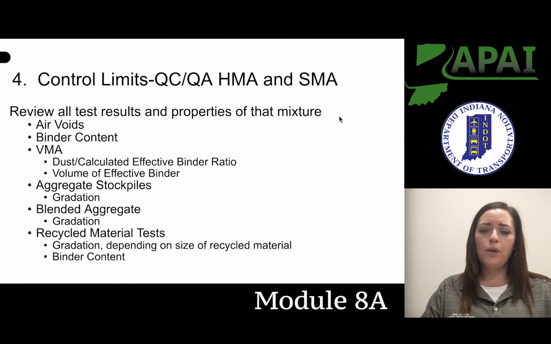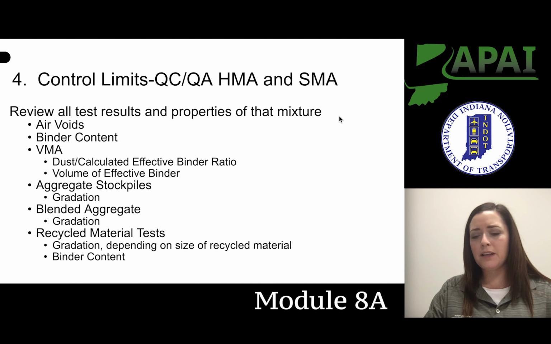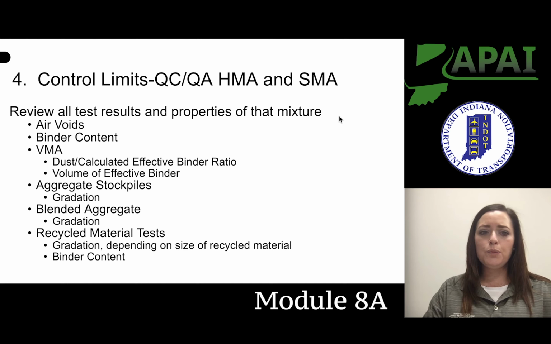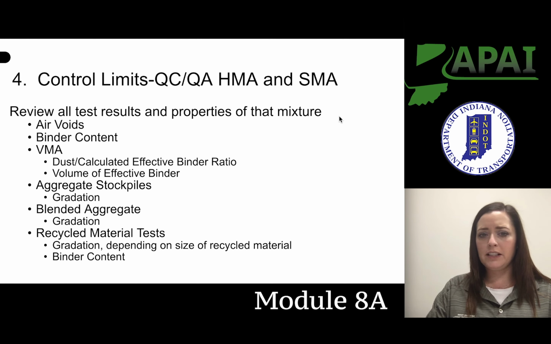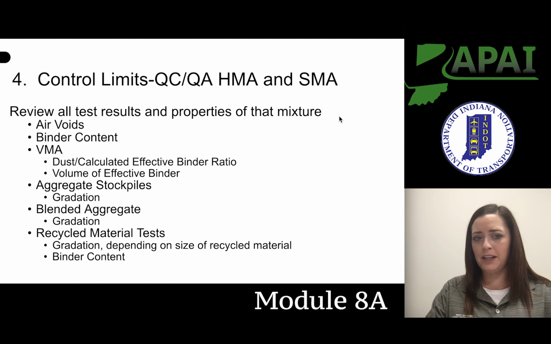The quality control limits for QC/QA, HMA, and SMA. All of the test results and properties of that mixture are reviewed during this section. Those properties include air voids, the binder content, and VMA, from which you will get the dust to calculated effective binder ratio and the volume of effective binder. So both of those need to be documented, but we need to run the VMA for that.